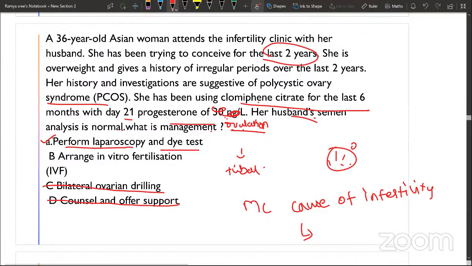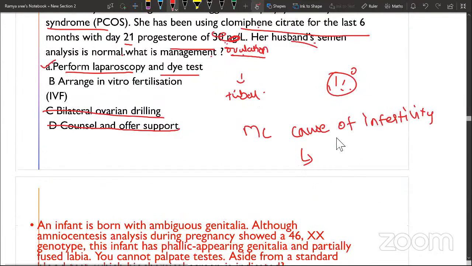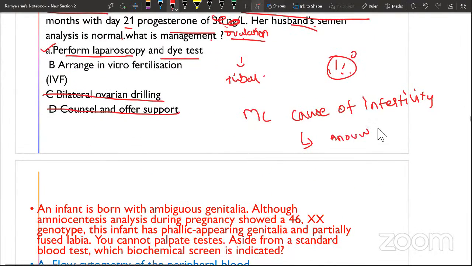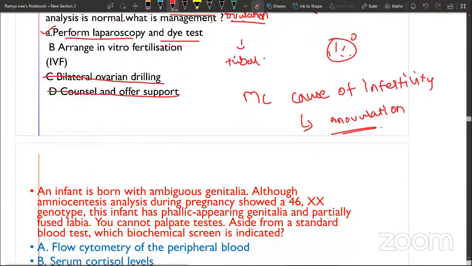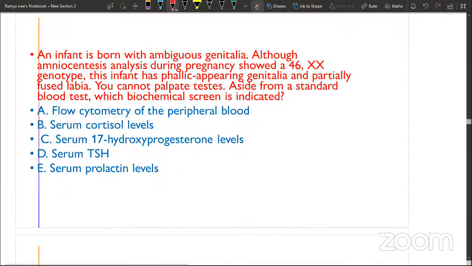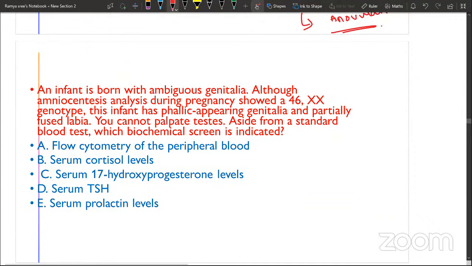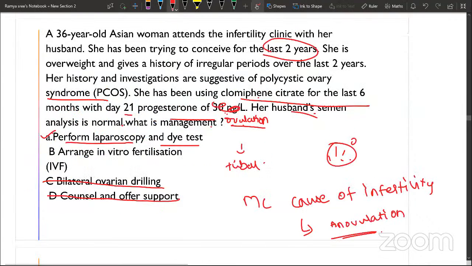The most common cause of infertility is anovulation. Anovulation. Right. Let's go to the next question now. Very good. PCOS also you can tell as mainly anovulation.